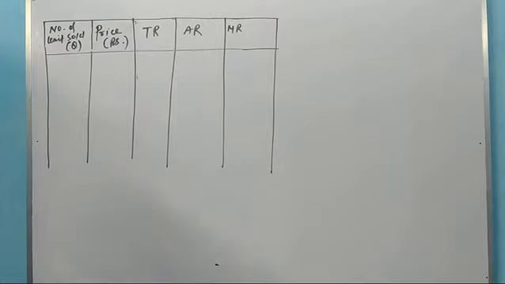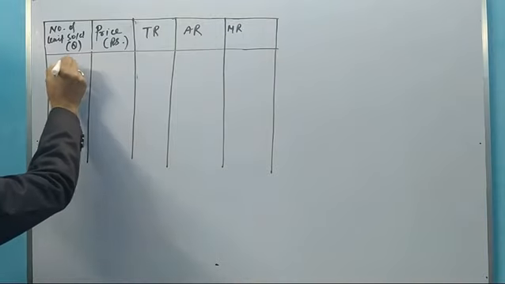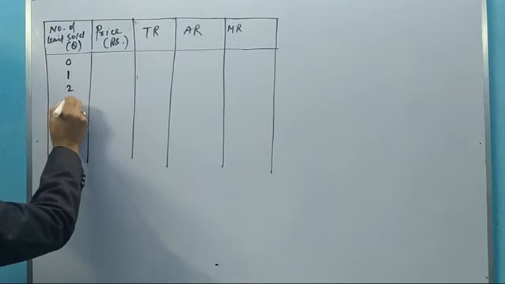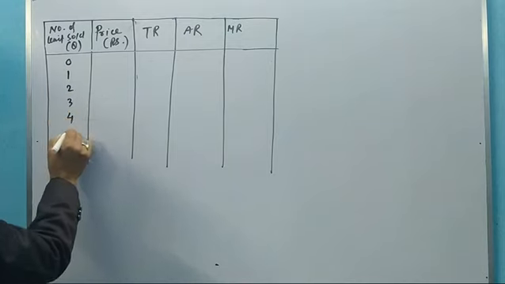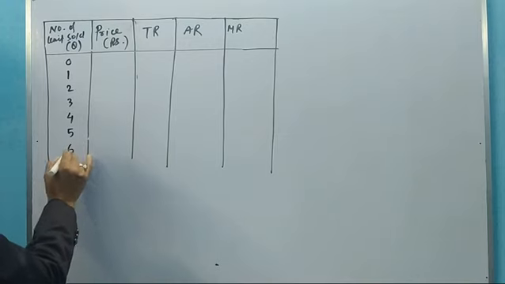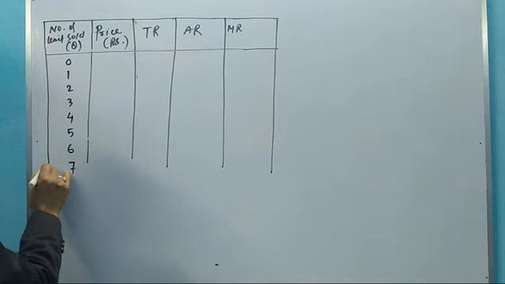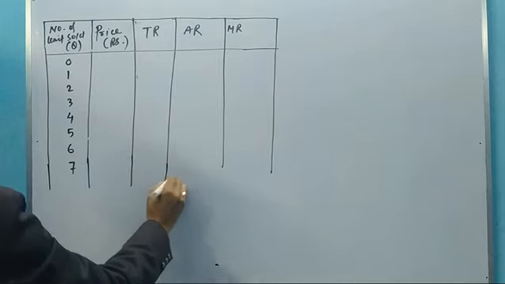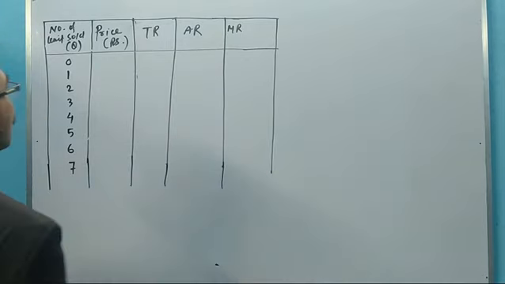In the first column, I am taking the number of units sold starting from 0 unit: 0, 1, 2, 3, 4, 5, 6 and 7 units. Clear?